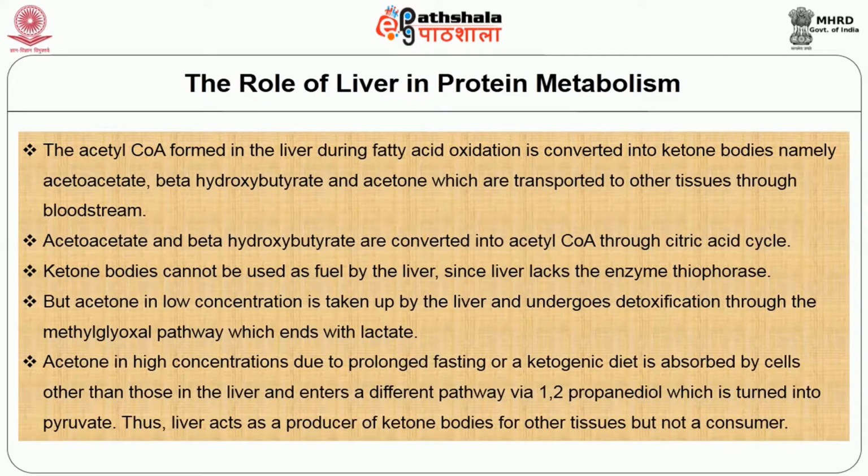Acetone in high concentration due to prolonged fasting or a ketogenic diet is absorbed by cells other than those in the liver and enters a different pathway via 1,2-propanediol, which is turned into pyruvate. Thus, the liver acts as a producer of ketone bodies for all the tissues but not as a consumer.